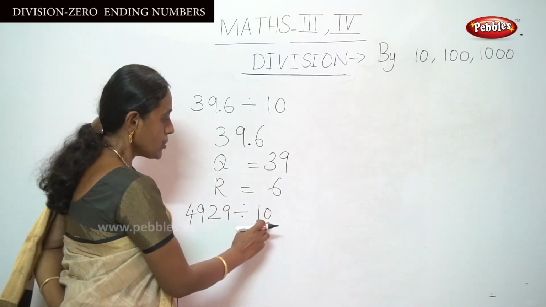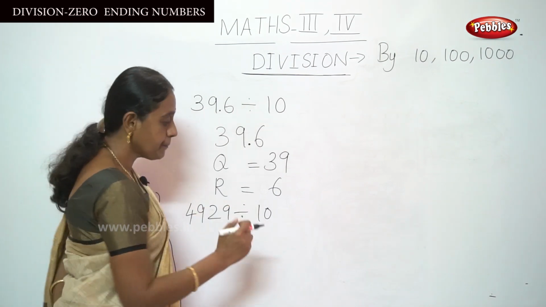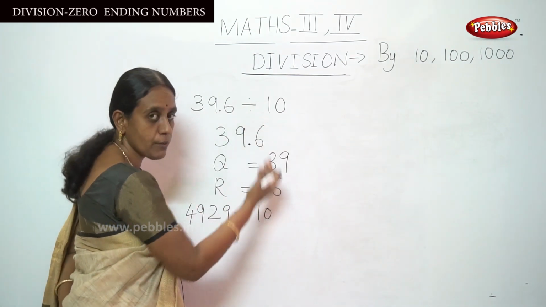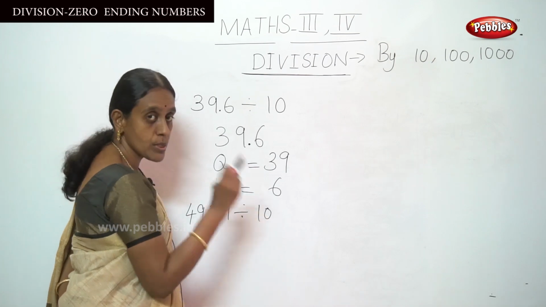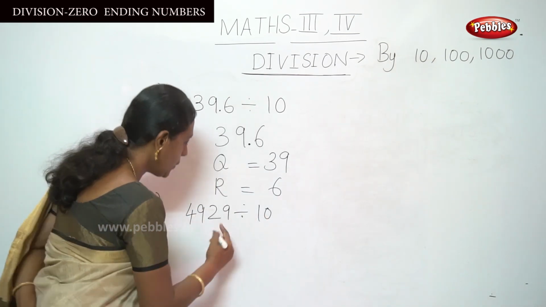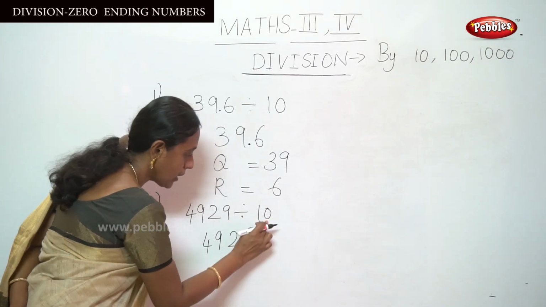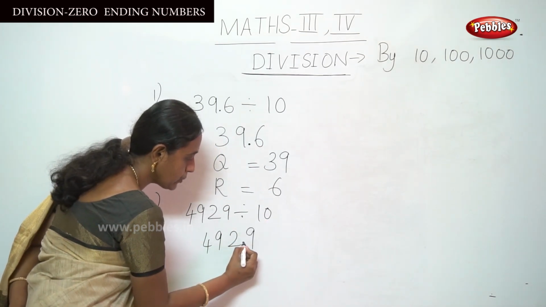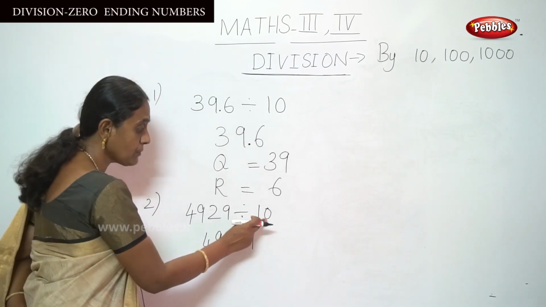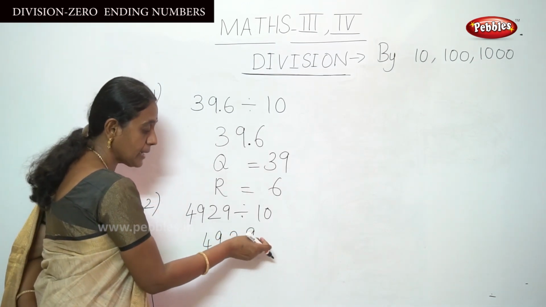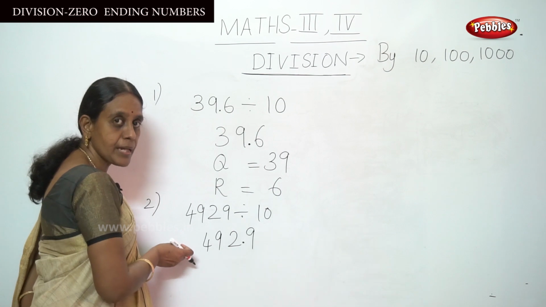Okay, you should count the number of zeros here. Similar to our previous sum, here count the zero, that is 1. So that is 4929. Put the decimal point here because of the 1 zero, from the right towards the left side.